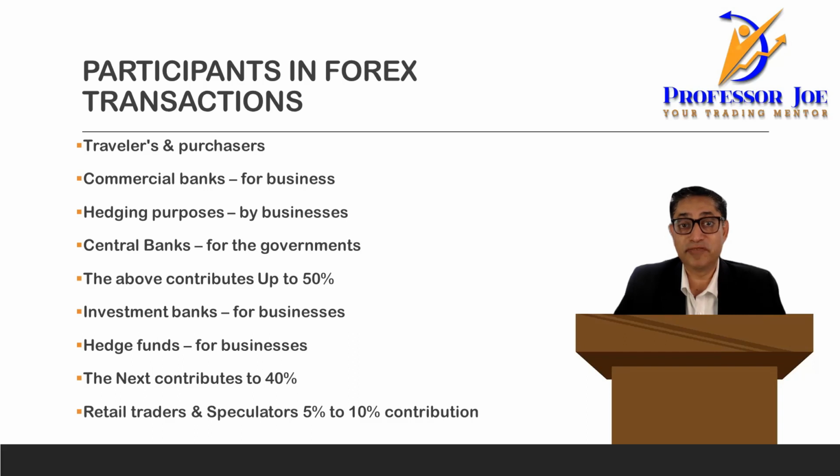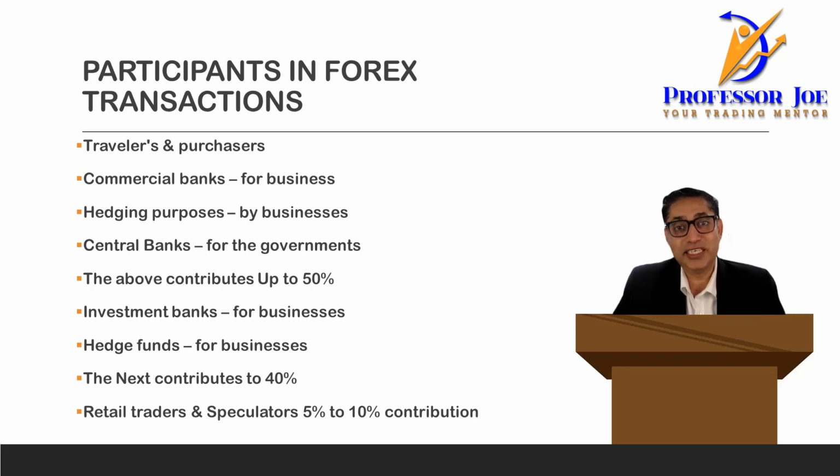Investment banks and hedge funds help this particular activity. From one part of the world to the other, they are investing money. So when they are investing from one country to another country, a forex transaction takes place. These people contribute almost 40% of the forex transactions.